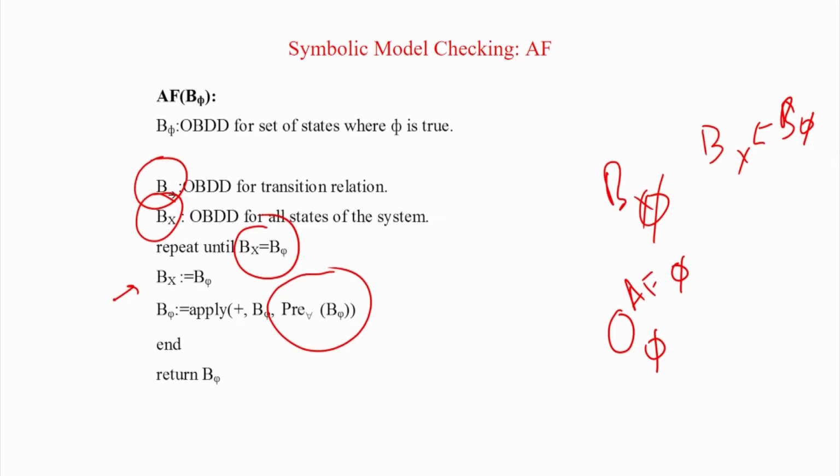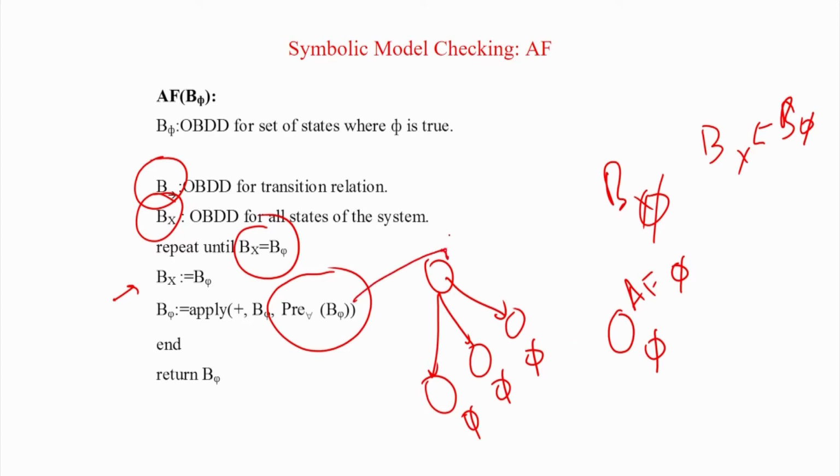So what is it saying, pre for all of B of phi? It means there may be some 3 or 4 states in which phi is true, and there is one state which has only 3 edges, no other edges available. From this state you know that all the paths lead to states where phi is equal to true.